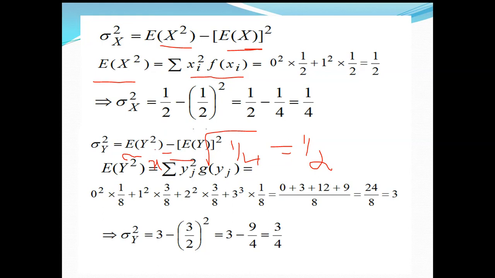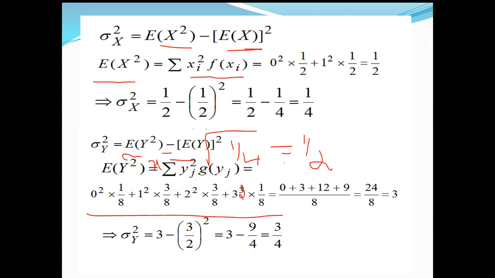The formula is E of y square minus E of y whole square. E of y square is summation yj square into g of yj. So here we take the y distribution: 0 square into 1 by 8 plus 1 square into 3 by 8 plus 2 square into 3 by 8, next it must be 3 square into 1 by 8.